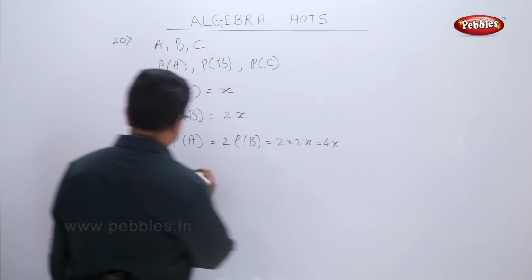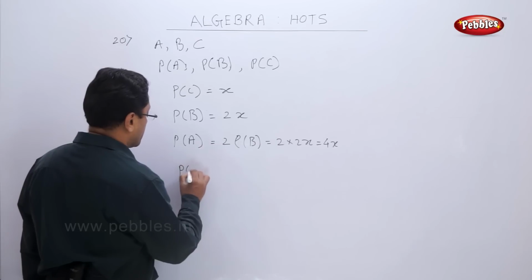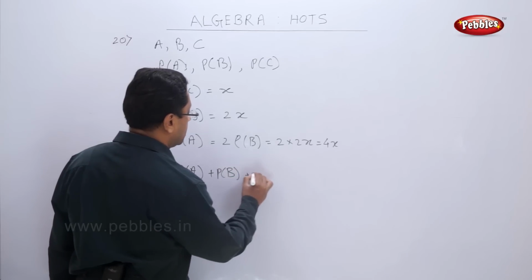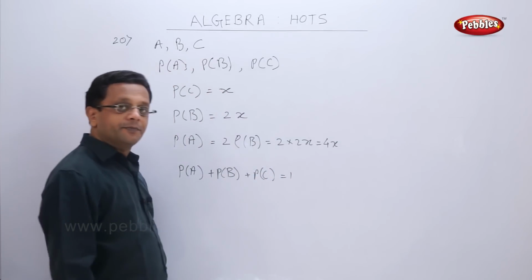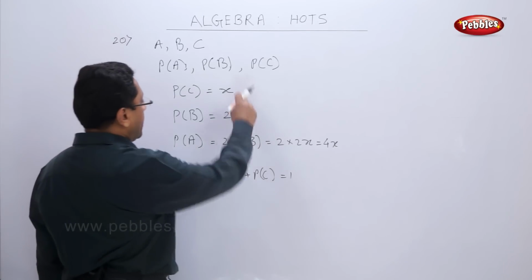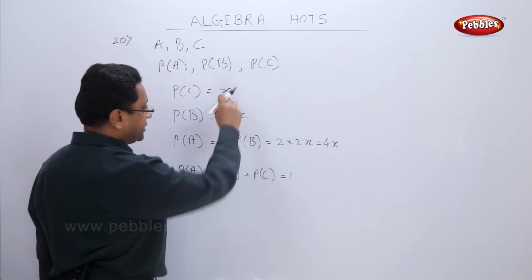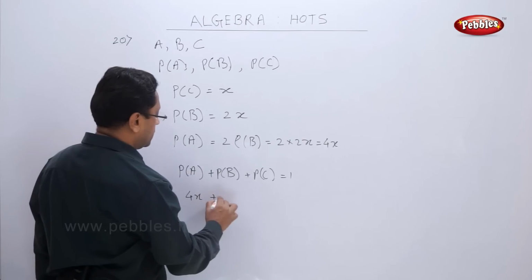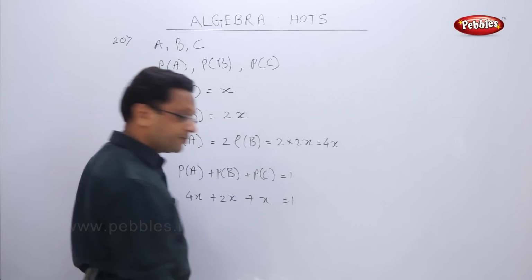So we can say that PA plus PB plus PC is equal to 1. Now we have 4x plus 2x plus x is equal to 1.